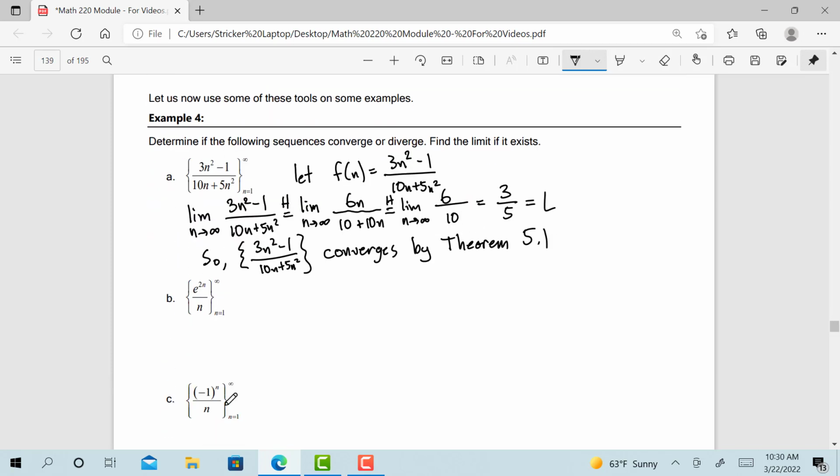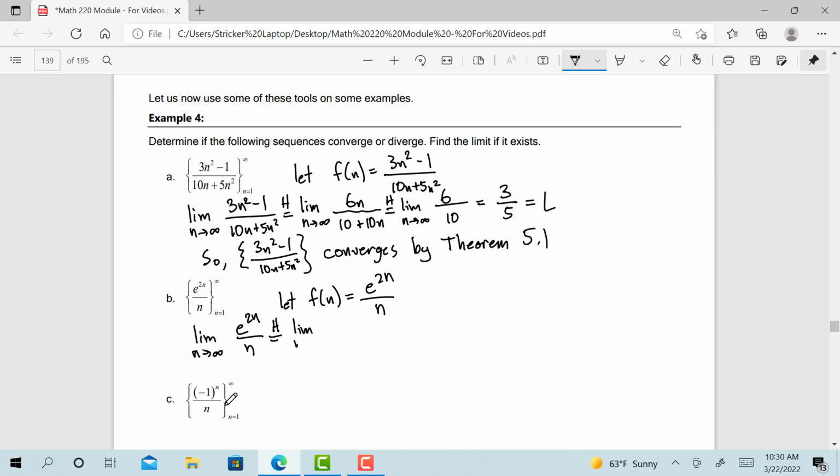All right, so we have another one here, example B. We can do a similar sort of thing. We can let f of n equal e to the 2n over n, and then take the limit as n approaches infinity of e to the 2n over n. And again, we get infinity over infinity, so we can apply L'Hopital's rule.